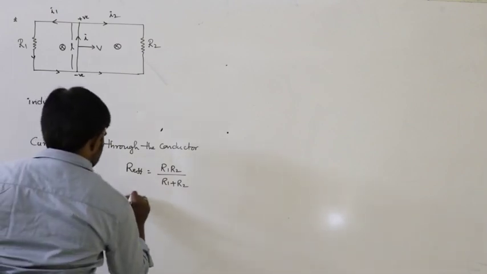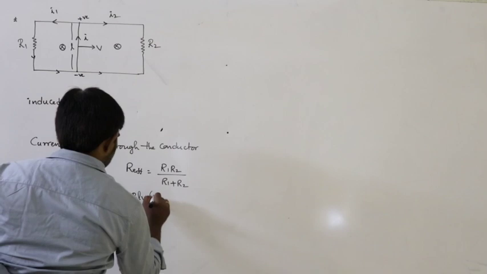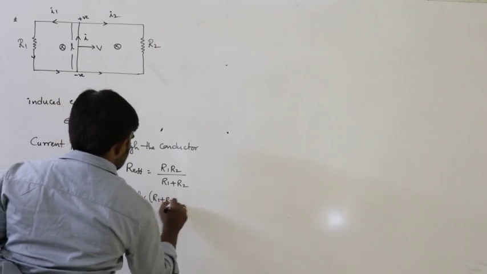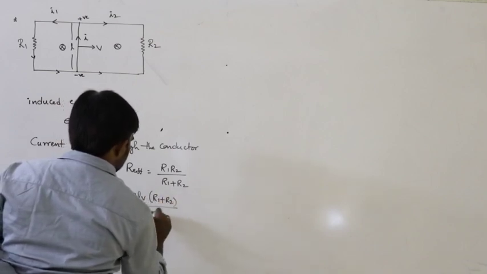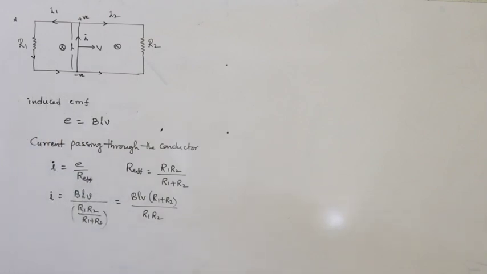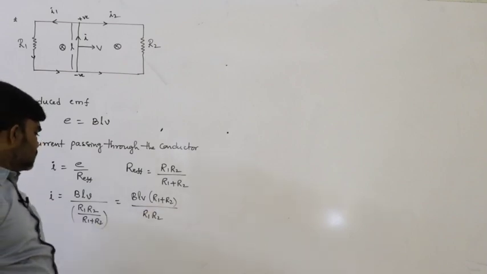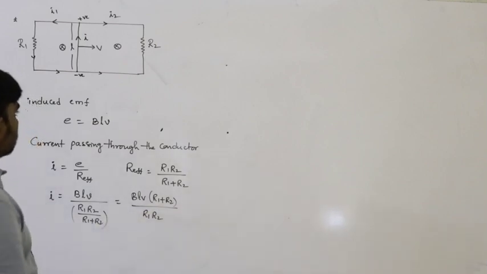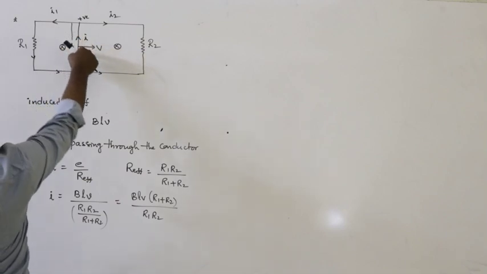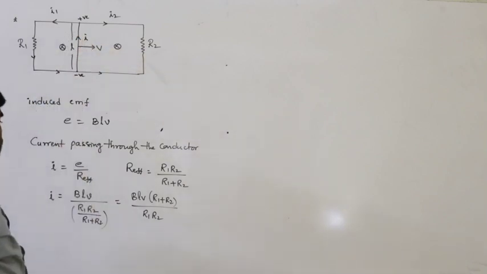So that is equal to BLV into R1 plus R2 by R1R2. This is the total amount of current developed.